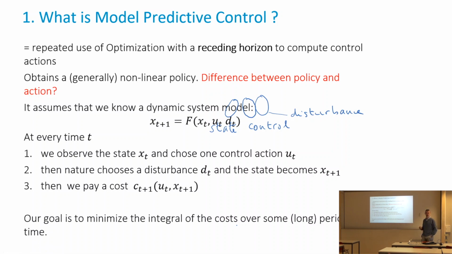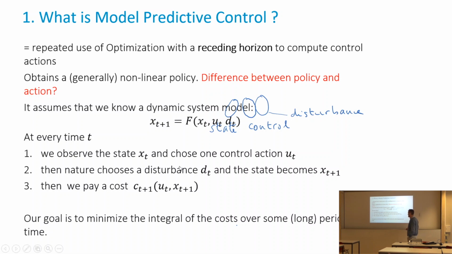So it's important to understand the model in which context we are. That's the most important step to do. So we assume that at every time t, we observe the state x_t of the system, and we choose one control action u.